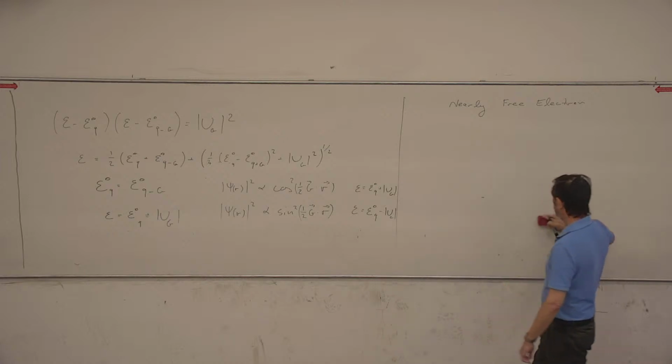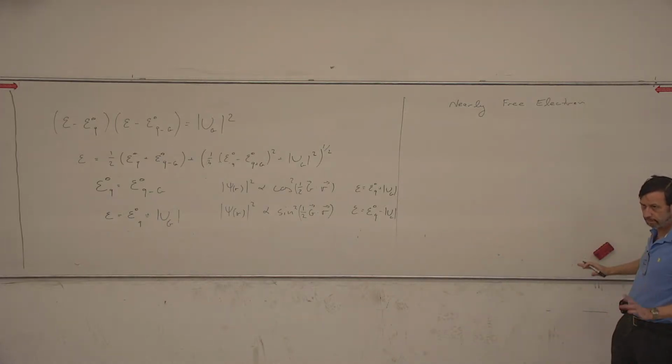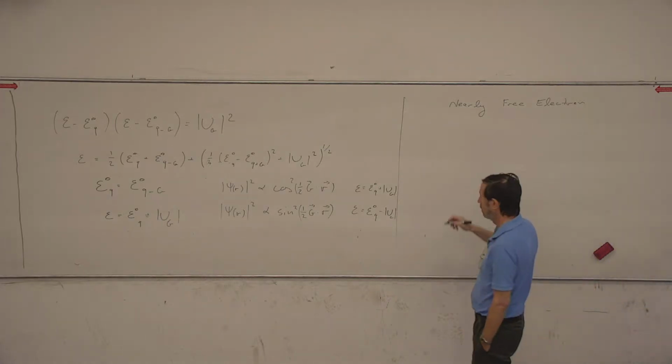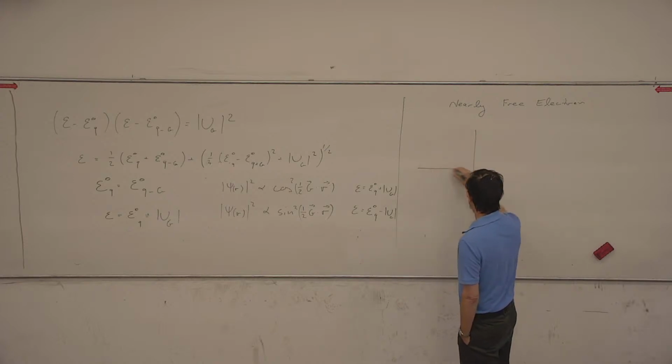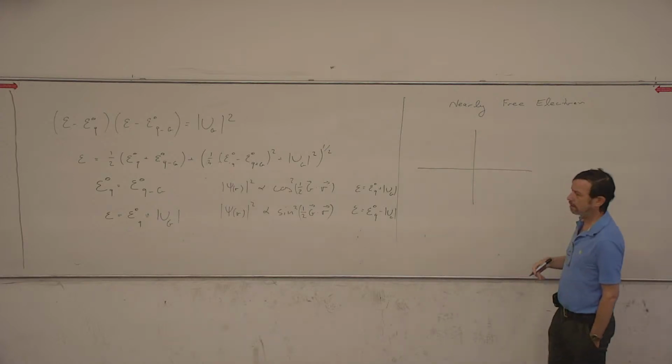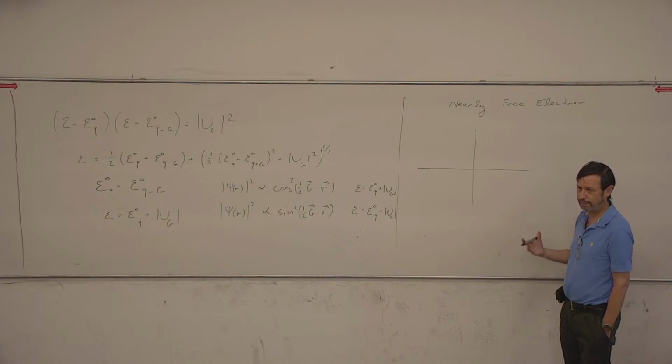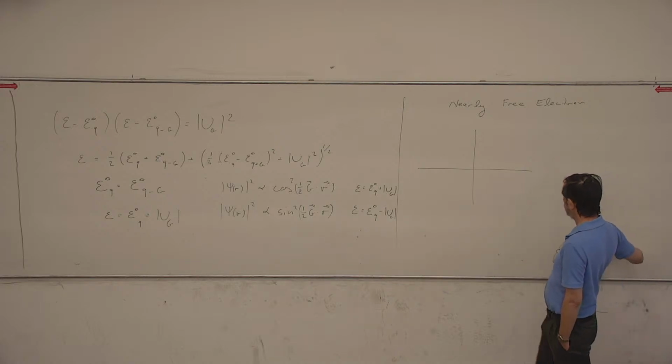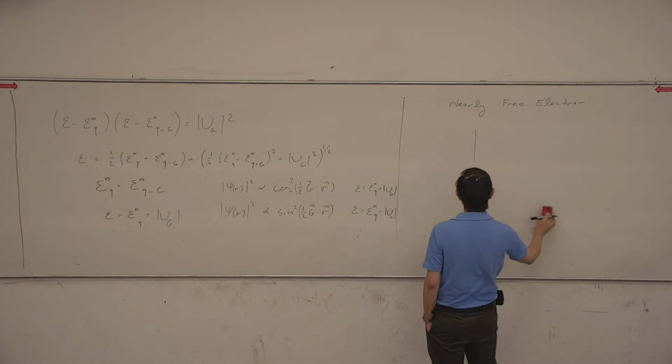So I'll draw it for 1 dimension, but after we do tight binding, I'll also look at higher dimensions.